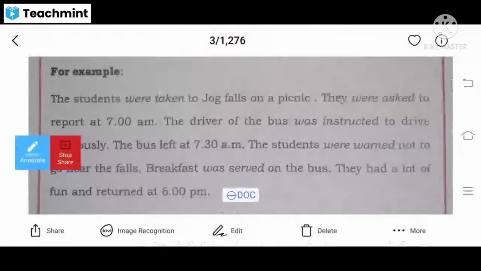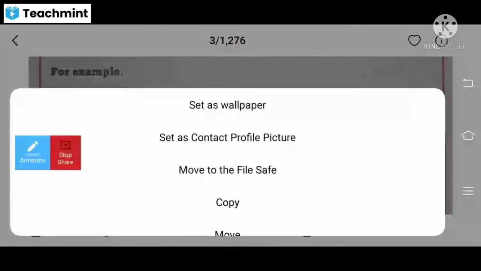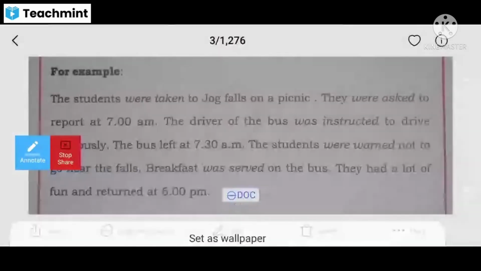Yes, students, just see there. Look at the screen. Example is given here. Now you are hearing only my voice. You cannot see me. So look at the example there.